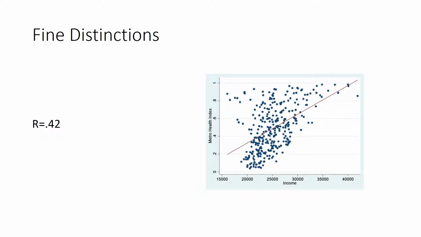Okay, this is just an example of find distinctions. On the left here, we have a correlation. The correlation tells us some things. It tells us the strength of the association between two variables. It tells us the direction of the effect. And certainly it's useful. We can quickly look at this number, and if you're accustomed to looking at correlations, you can quickly make some determinations about the relationship between two variables.